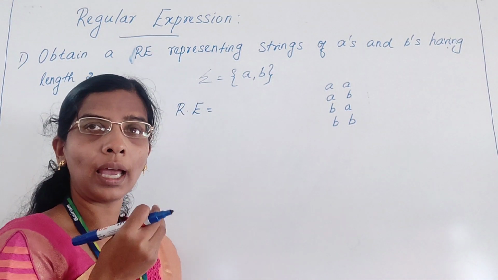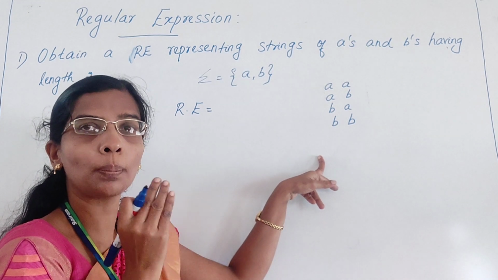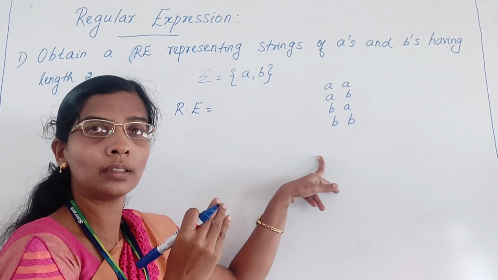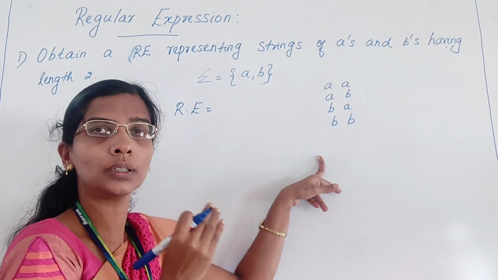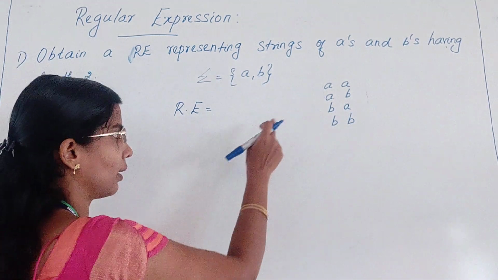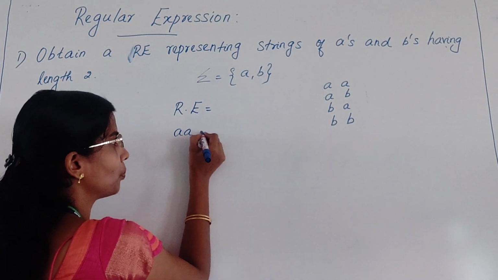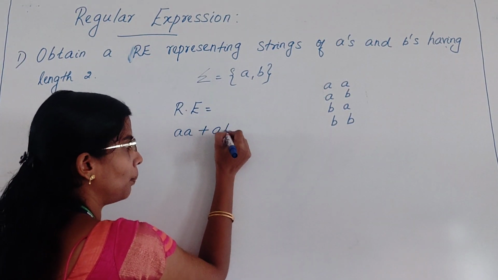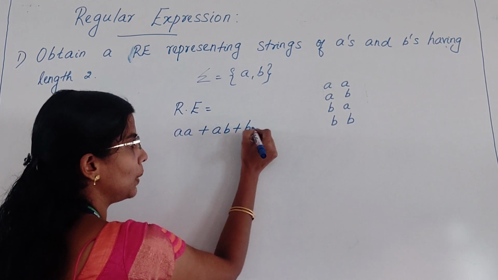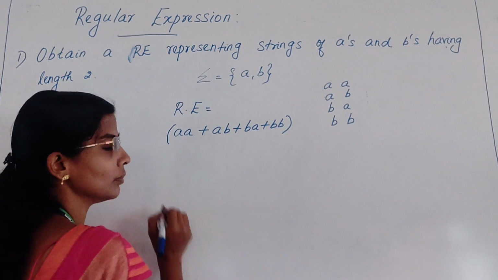With A and B, only these four strings are possible with length 2. So how can I write this regular expression? It is AA or AB or BA or BB.